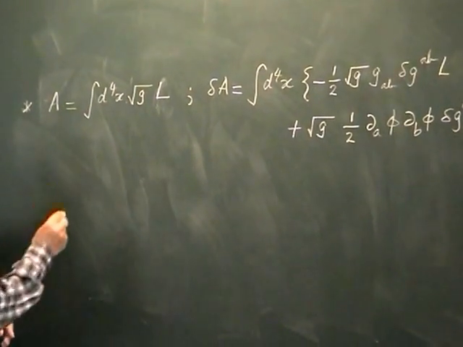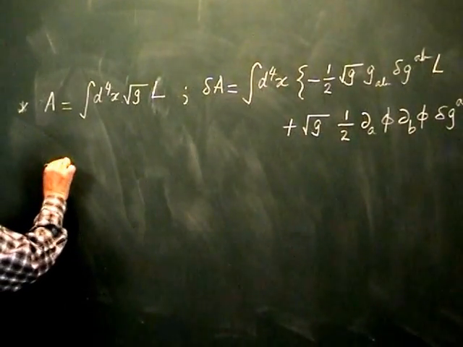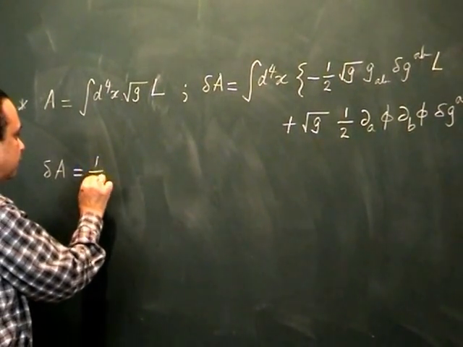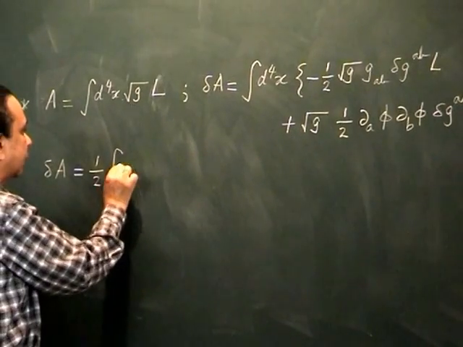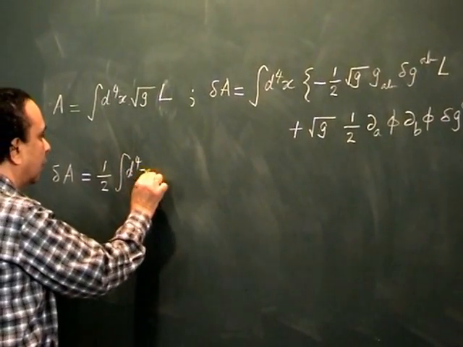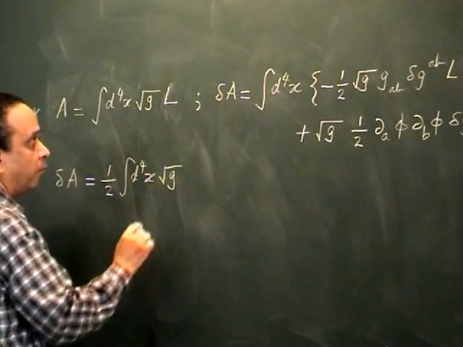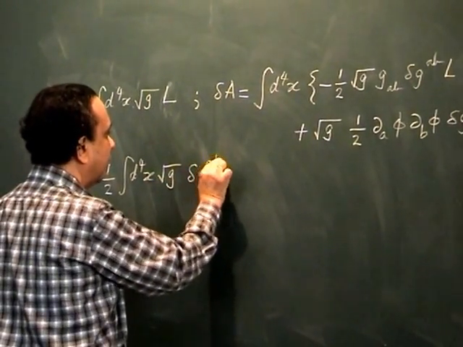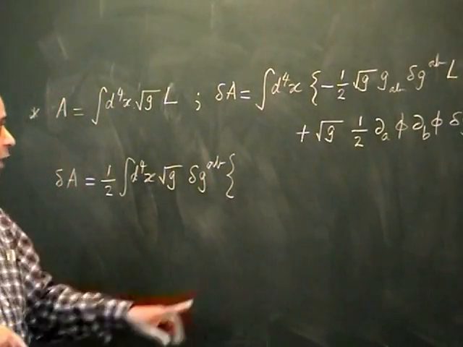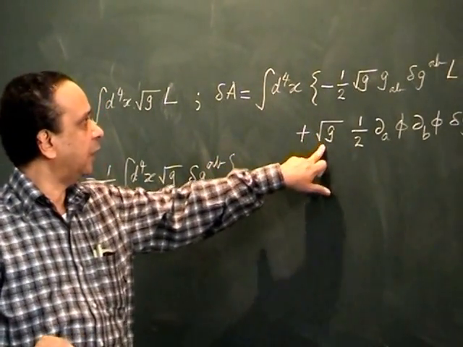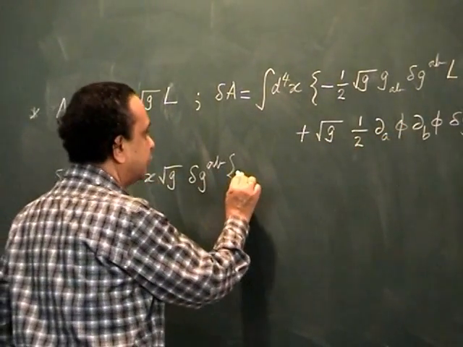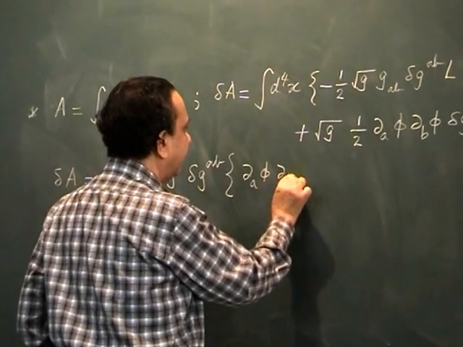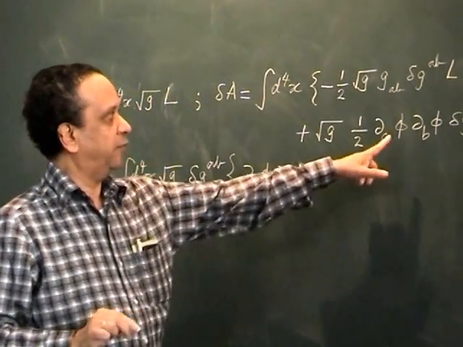So let us get them all together. So we get delta A equal to, take a half out and integral d4x, keep the root G, and also let us keep a delta G^AB, and let us see what remains. So I have taken the half out, I have taken the root G out, this quantity is out, so that gives me just dA of phi dB of phi from this.